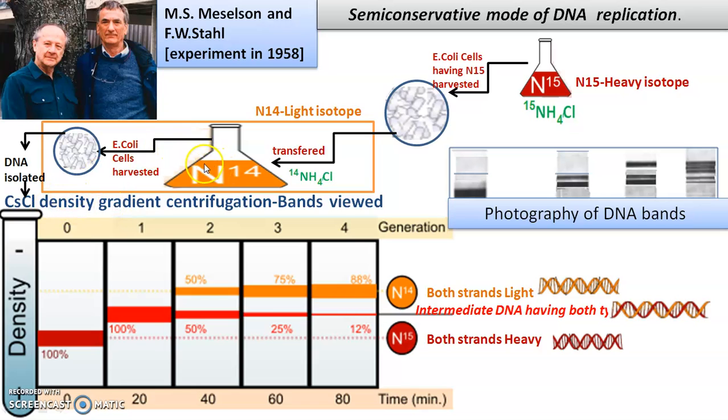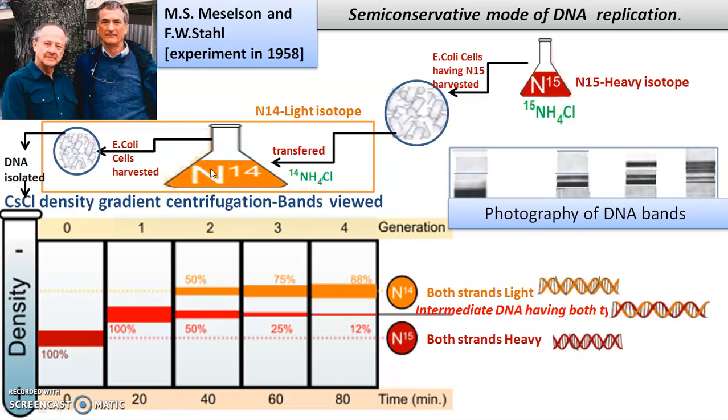Now, these cells from the N14 medium were isolated, that means harvested. DNA was isolated and subjected to centrifugation. So what was the analysis? Meselson and Stahl started performing centrifugation from 0 generation, which is the start of the experiment.